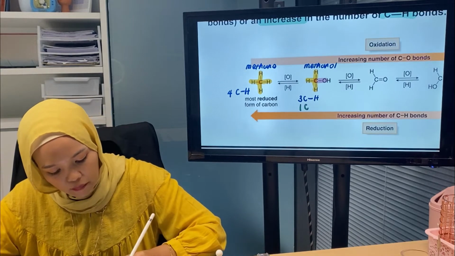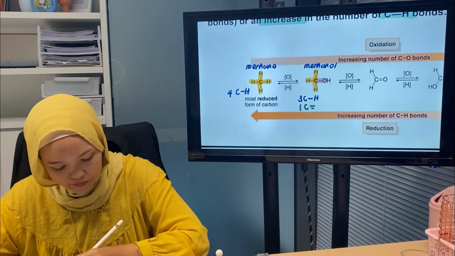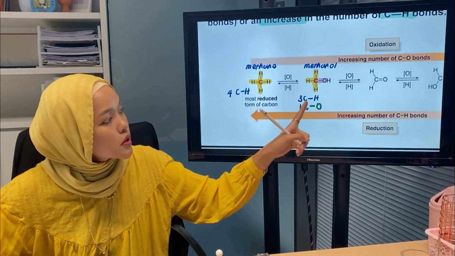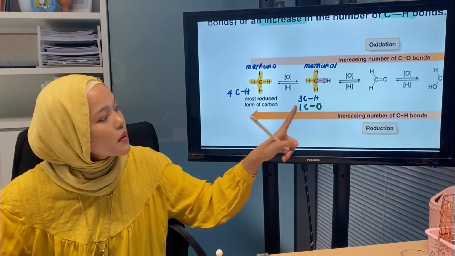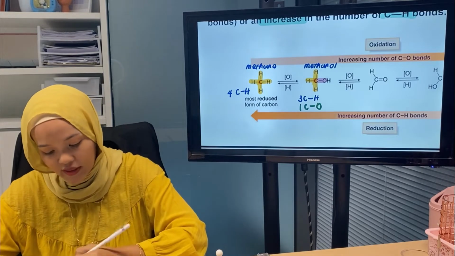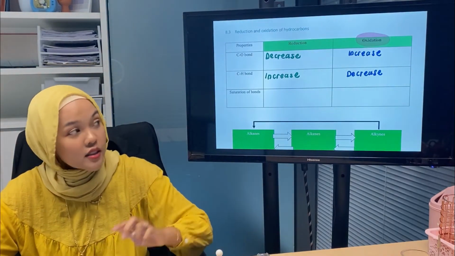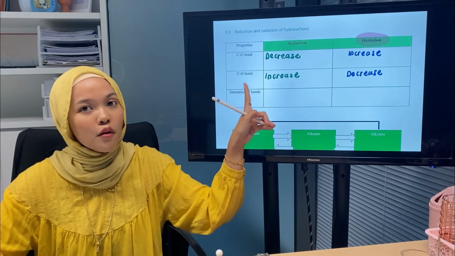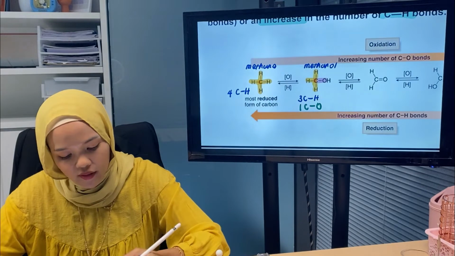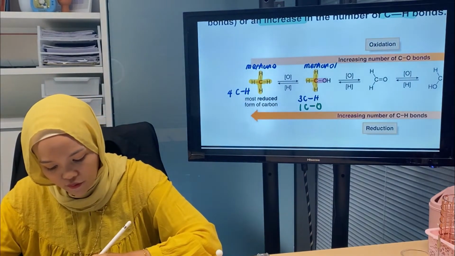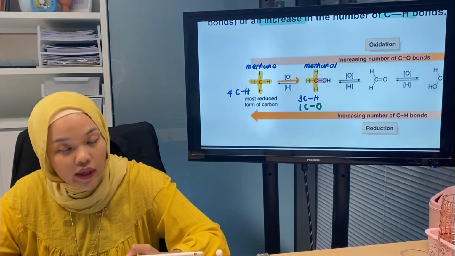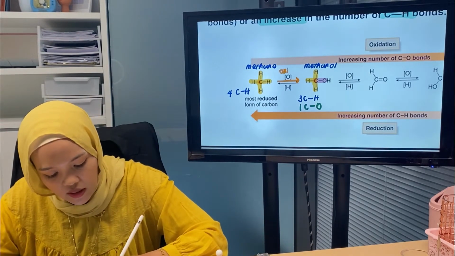So the number of carbon-hydrogen bonds decreases and the number of carbon-oxygen bonds increases. Therefore, going forward, this is an oxidation reaction.